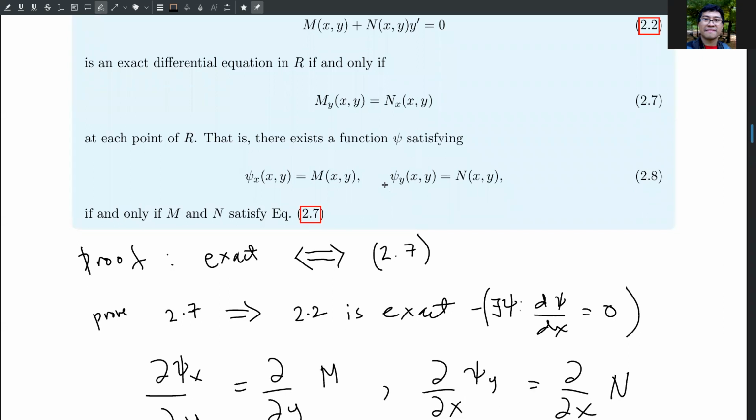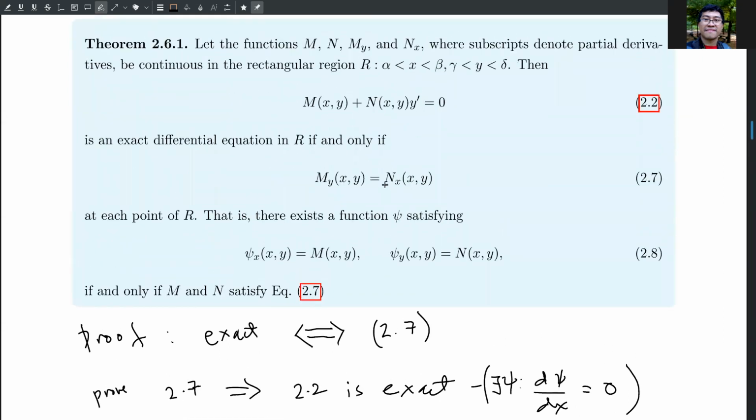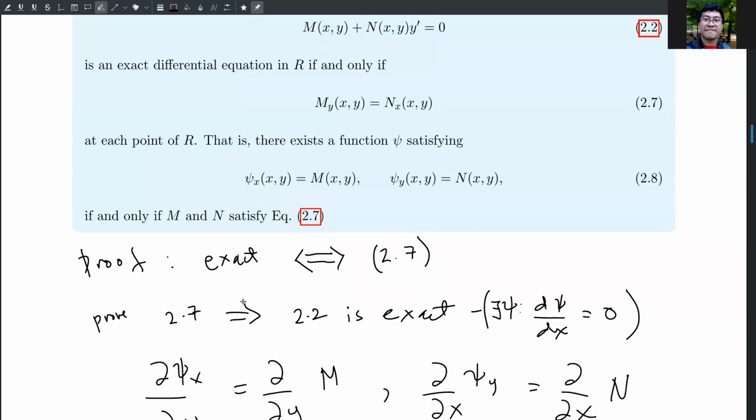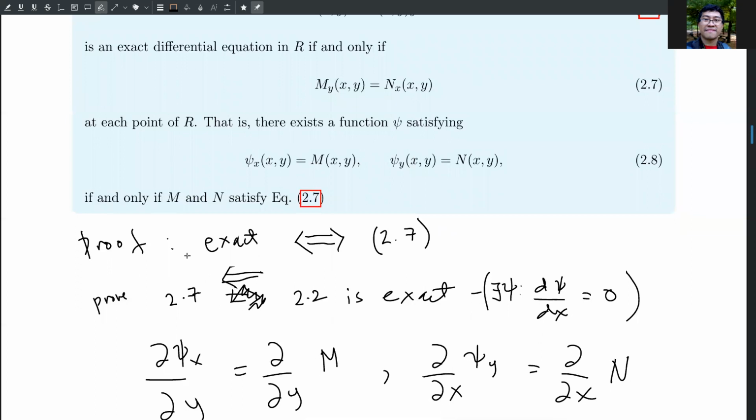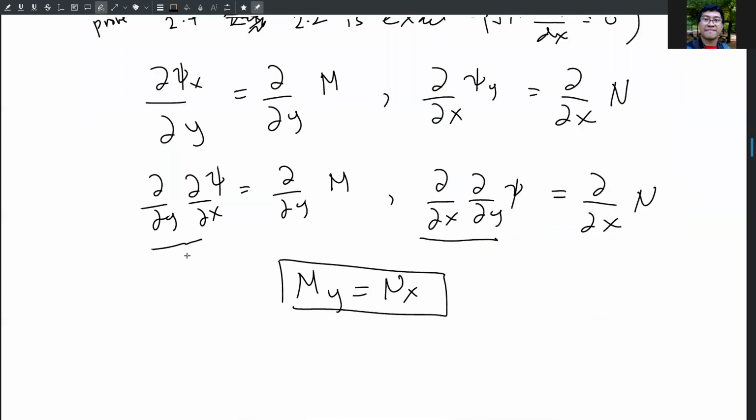I'm using 2.8 to show that 2.2 is exact implies that 2.7. So I'm proving first that if 2.2 is exact, that is there's a psi, then we show 2.7. So our next step is, given 2.7, we find psi.